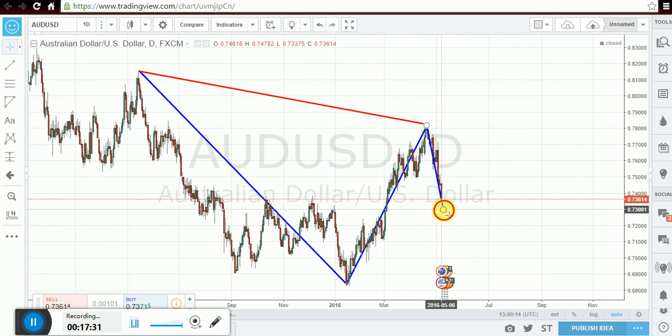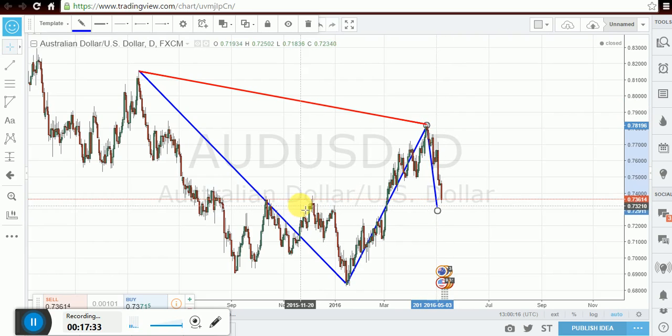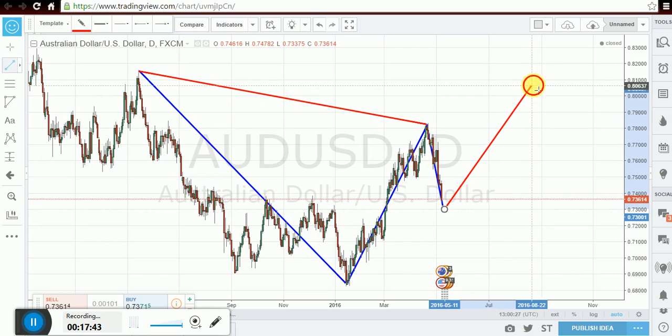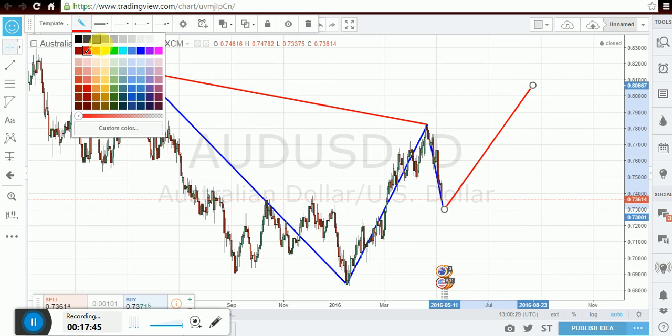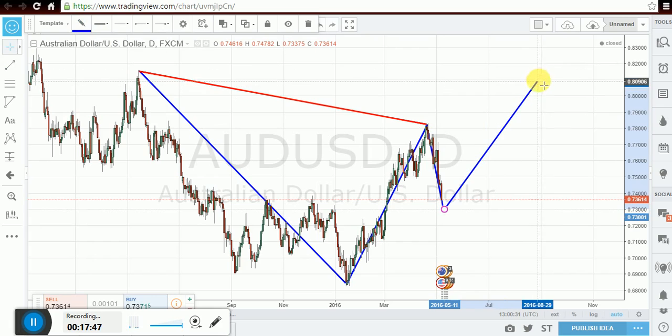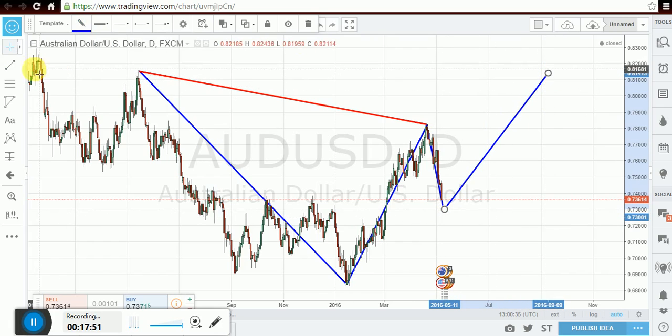So you can see that the market has come into a little bit of support right here. If this market respects this support area, the next thing you expect is another impulse leg that will terminate somewhere there. If you get an impulse that terminates there, that's going to complete your Gartley pattern for you.